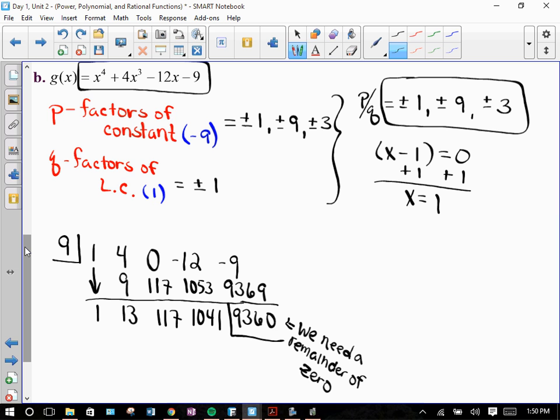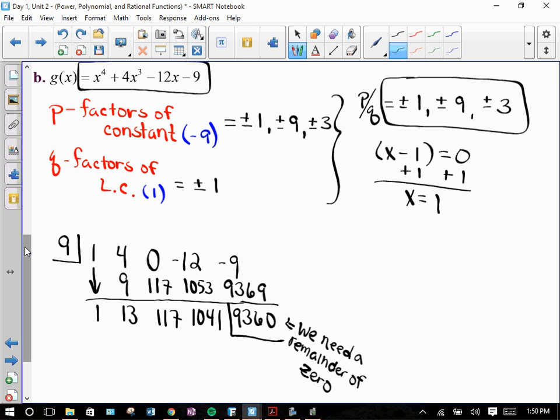Okay, so here's what happens. You do all this, all right? The remainder tells you the y value when you plug this number into that function. So if you plug 9 into that function, you should get 9,360. So you may be asking yourself, why can't we just plug 9 in?